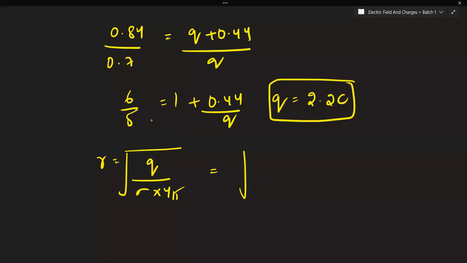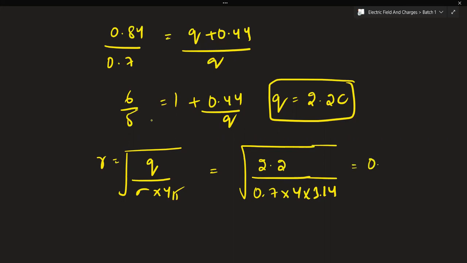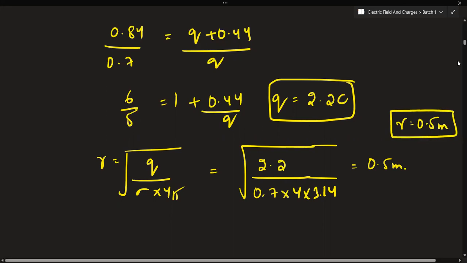Substituting Q as 2.2, sigma was given as 0.7, and then 4 into 3.14. 22 by 7, I think if we take that will be better. If you take 22 by 7, 1 by 2 will be left, so R will be 0.5 meters. Note it down, class.